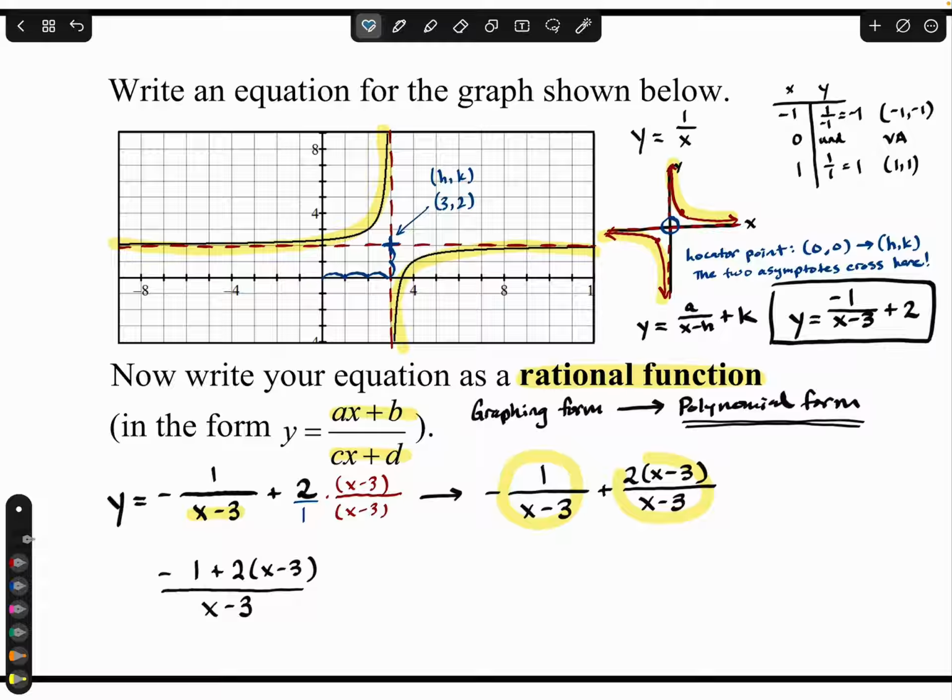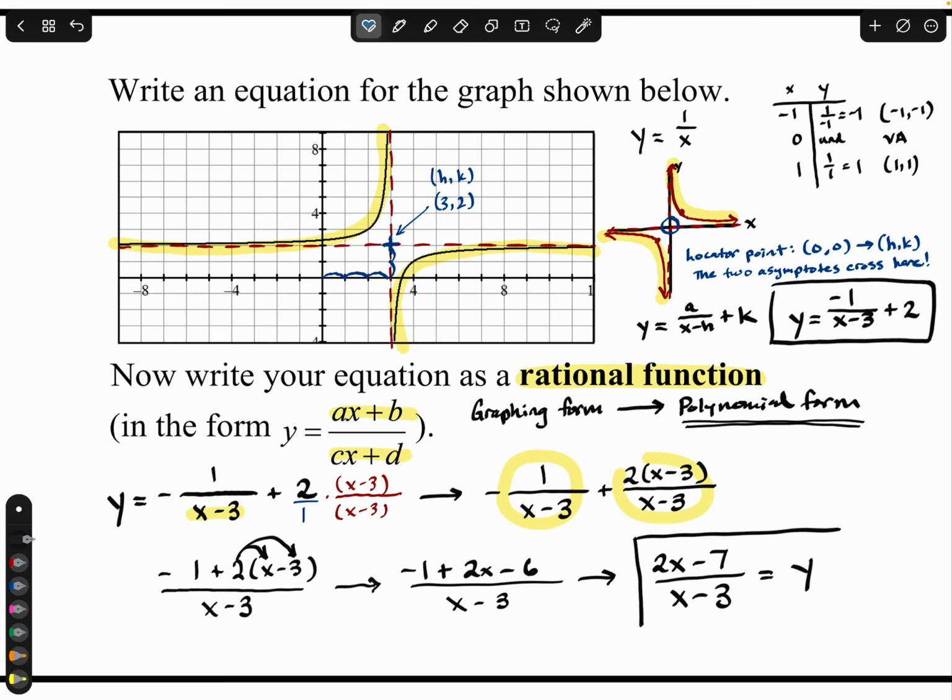And our last step here is just to simplify the top. So we'd have negative 1 plus, when we distribute this 2 through, 2x minus 6, still over the x minus 3. Then we combine our like terms, and we get 2x minus 7 over x minus 3. That is what equals y.